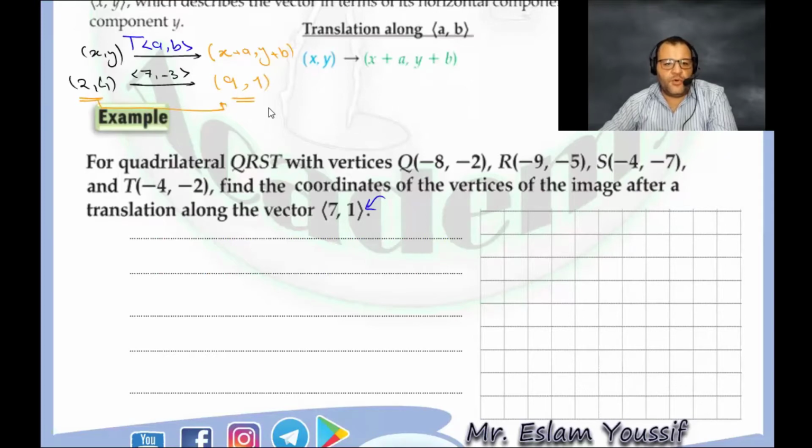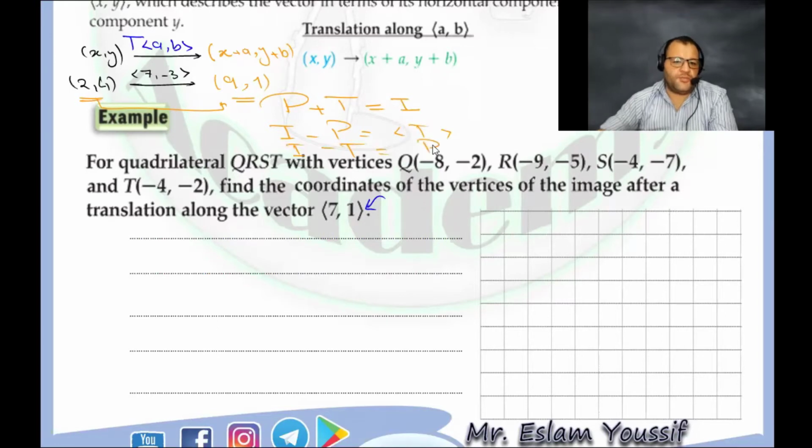Point plus translation equals the image. Or if you have a point and the image, you need to find the translation: the image minus the point gives you the translation. Image minus the translation equals the point. That is the formula that you have.